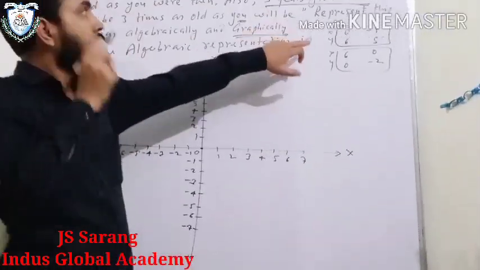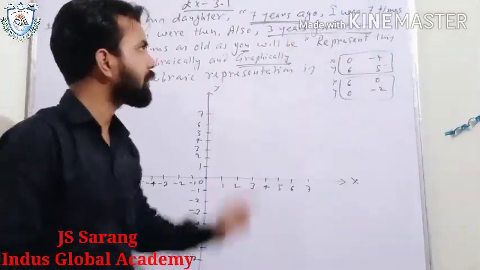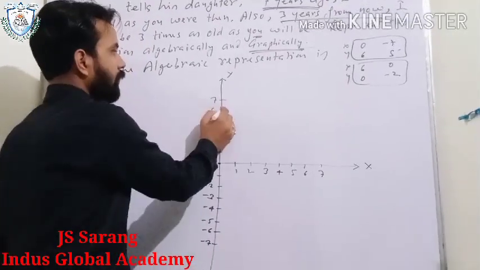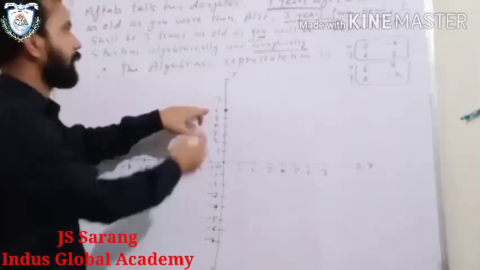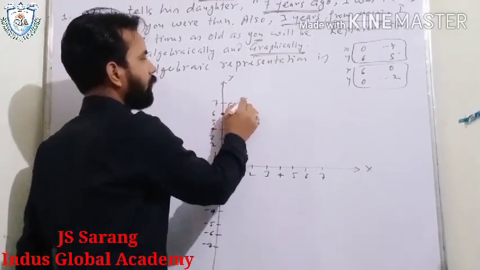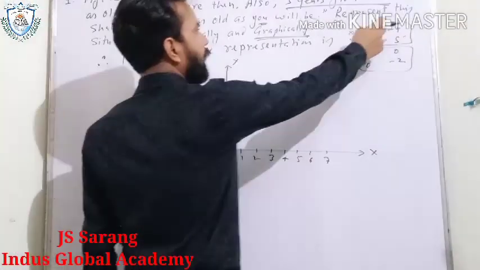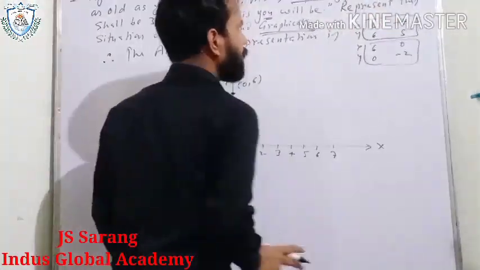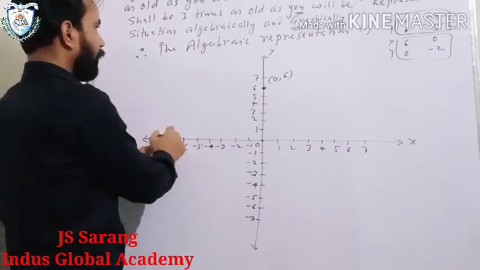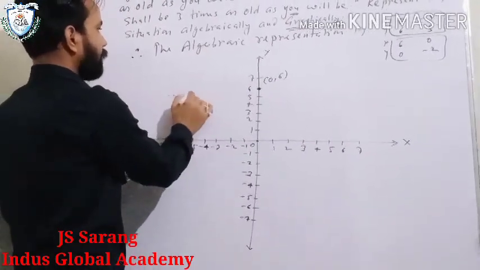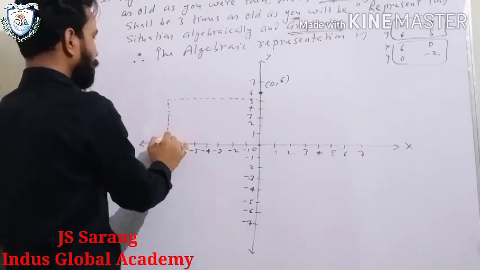Now see, the first point of the first equation, x is 0, y is 6. So this point will lie on the y-axis. Clear? The second point of this line is minus 7 and 5. X is minus 7 and y is 5.